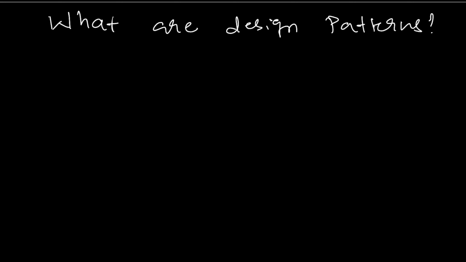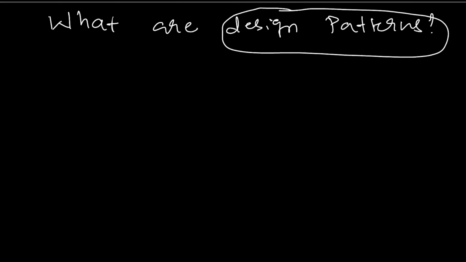Okay, so now we will try to understand what design patterns are, right? What do you understand by the term design pattern? Design is a blueprint, right? Let's say you want to construct a house.